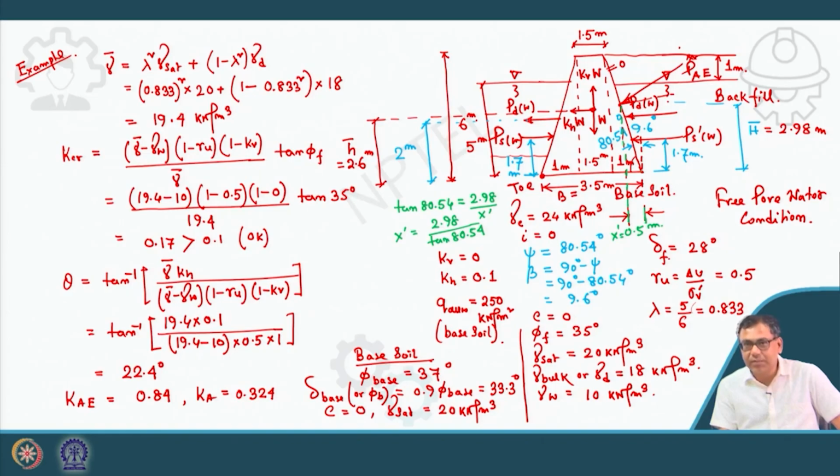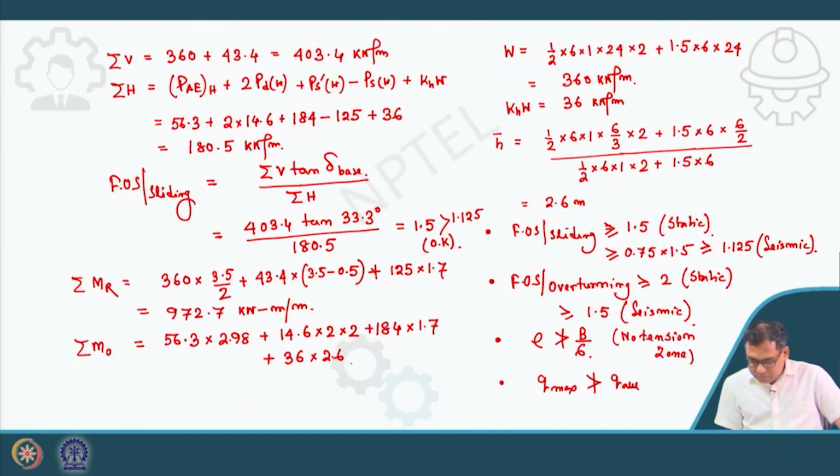That is kh into W, PSW, all these things I have mentioned. So, from here this comes out to be 632.6 kilonewton meter per meter.